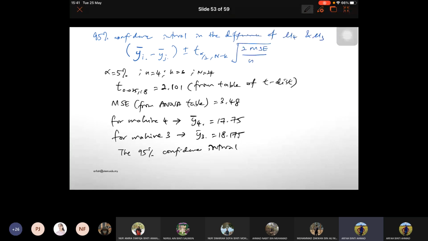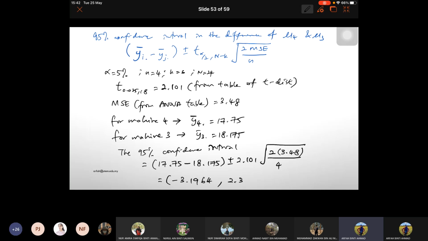Confidence interval akan sama dengan 17.75 tolak 18.175 plus minus 2.101 set 2 darab MSE. MSE tadi 3.48 dibahagikan dengan N adalah sama dengan 4. So kira dapat negatif 3.1964 dan juga 2.3464.